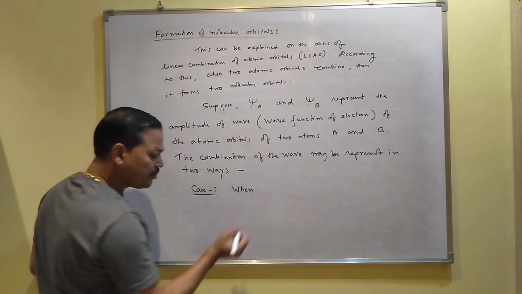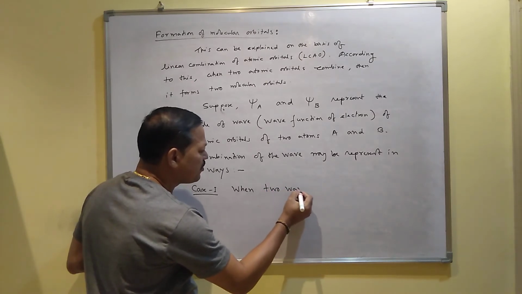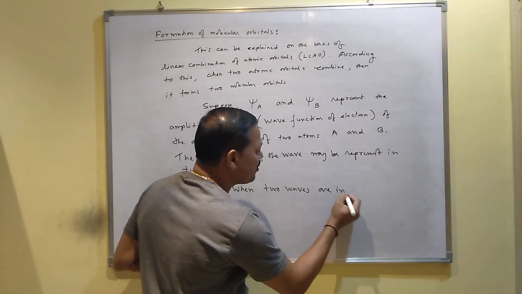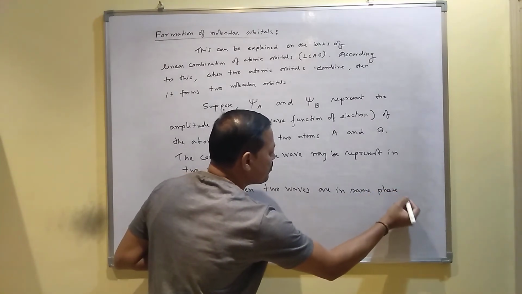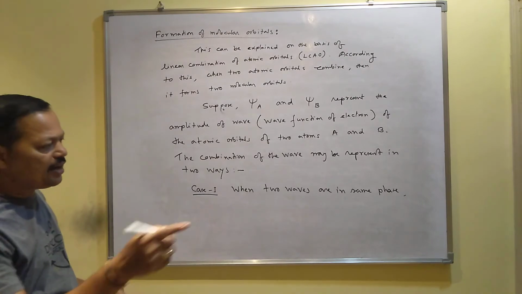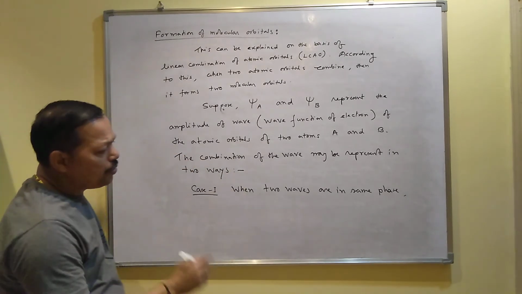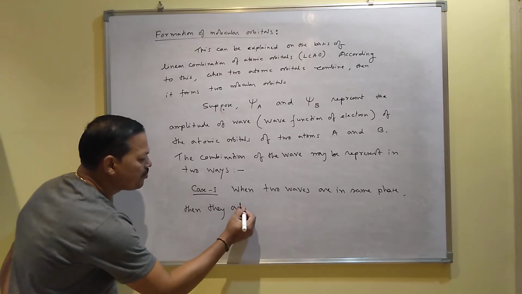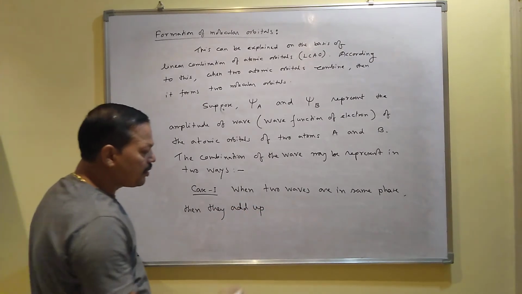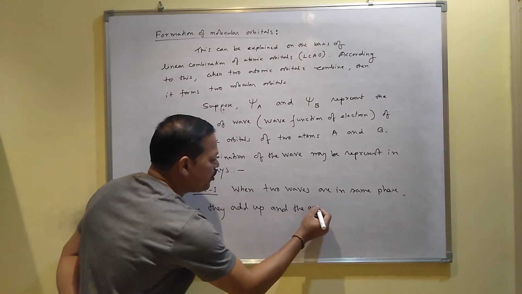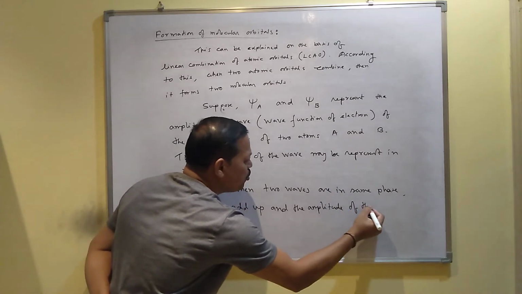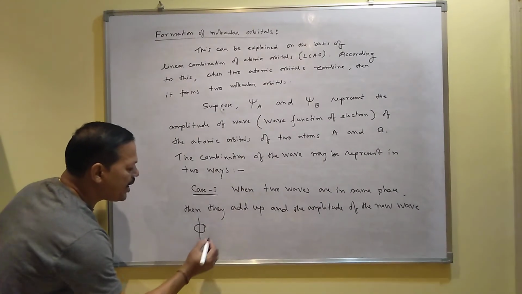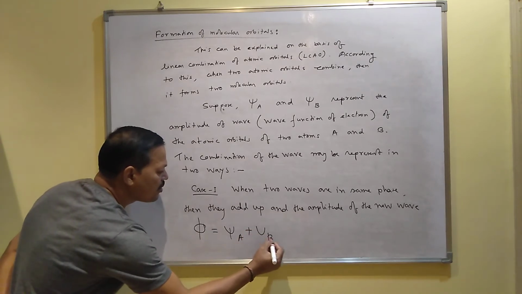When two waves, meaning wave of A atom and wave of B atom, are in same phase, they add up, addition will take place, and the amplitude of the new wave, phi, is equal to psi A plus psi B. What is same phase, I'll show you later with a diagram.